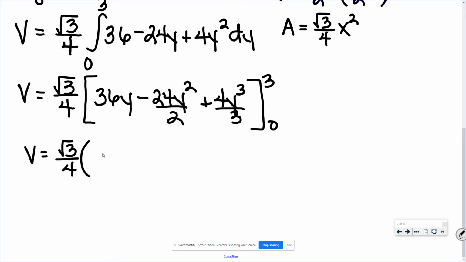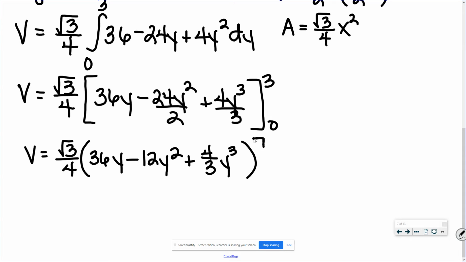Okay, so we end up with 36y minus 12y squared plus 4/3 y to the third. And then it's kind of up to you. If you want to, you can distribute the radical 3/4 now, or you could just keep it on the outside as you do your computation. I think I'm going to leave mine out and deal with it last. So I'm really just plugging in 3, because if I plug 0 in, every single term would be 0.